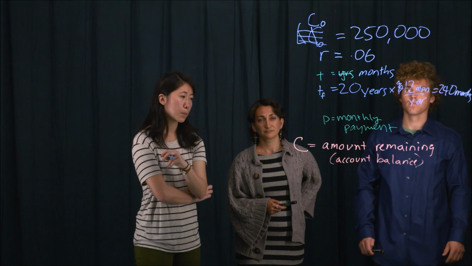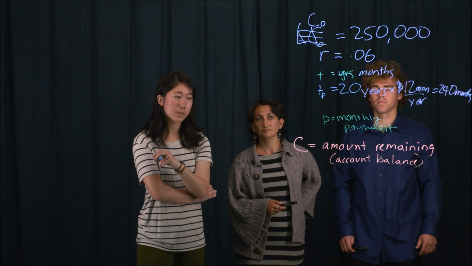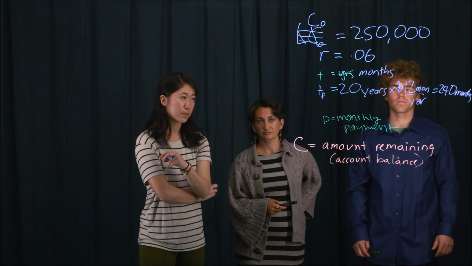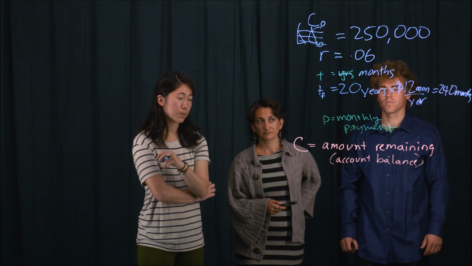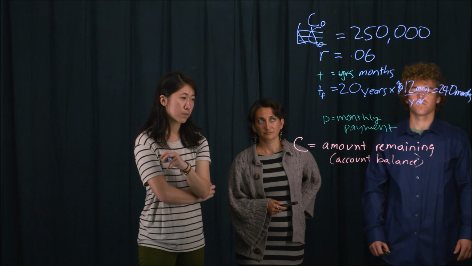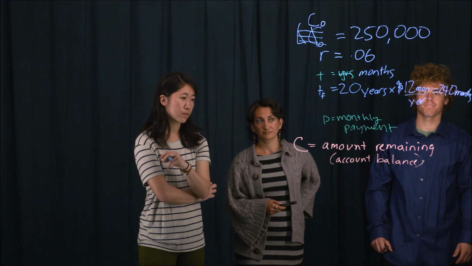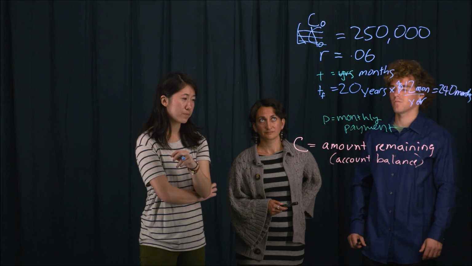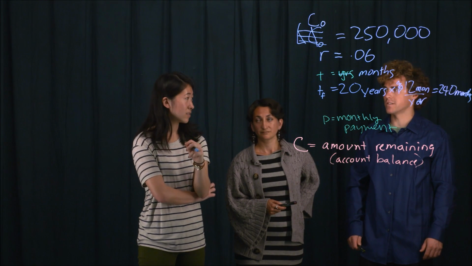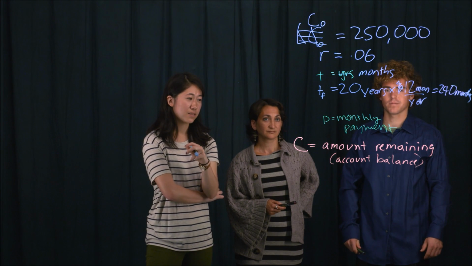When you make this monthly payment, how does the account balance change? What would be the rate of change of C? How do we represent the rate of change of C? DC over DT. Yeah. Do you agree with that?